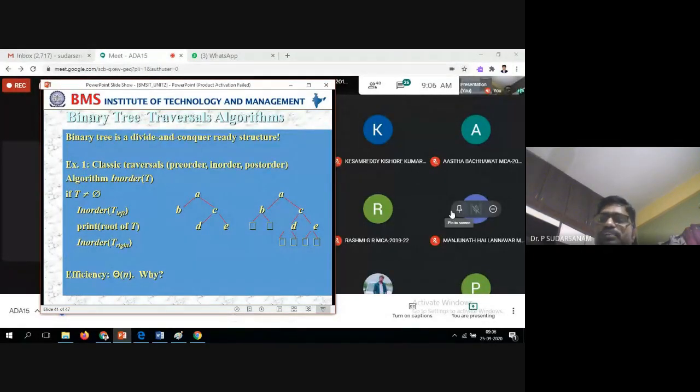Quicksort is also theta of n log n. Now n log n is less than theta of n square. According to that, divide and conquer is the best. Still you have to see the remaining algorithm techniques. After finishing all the sorting techniques, we can find out.